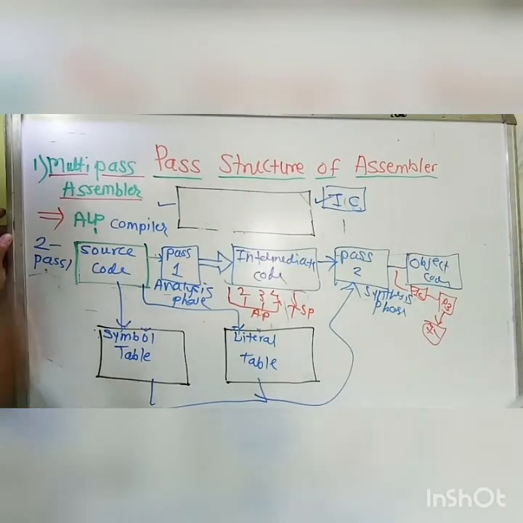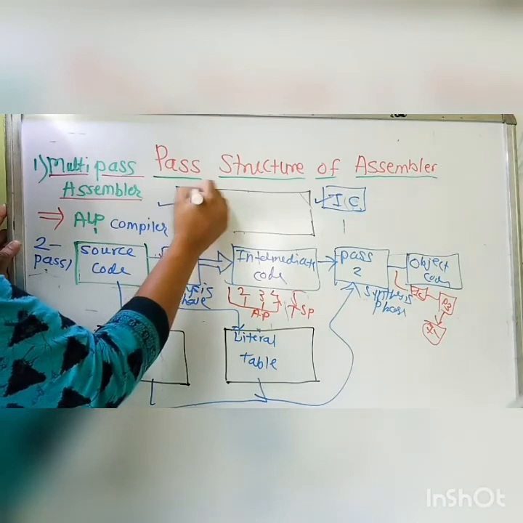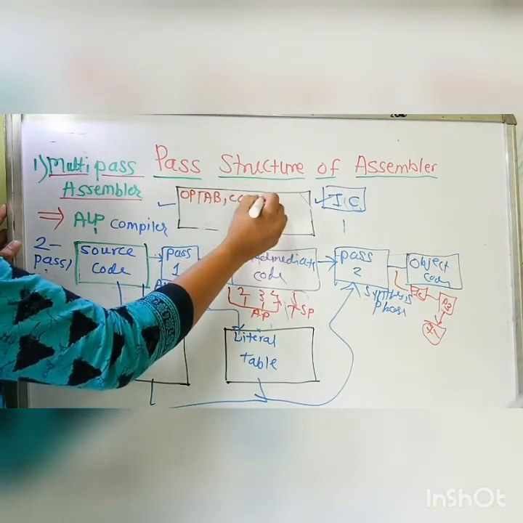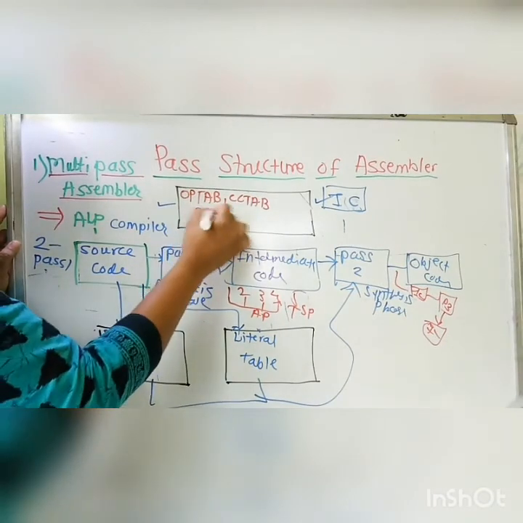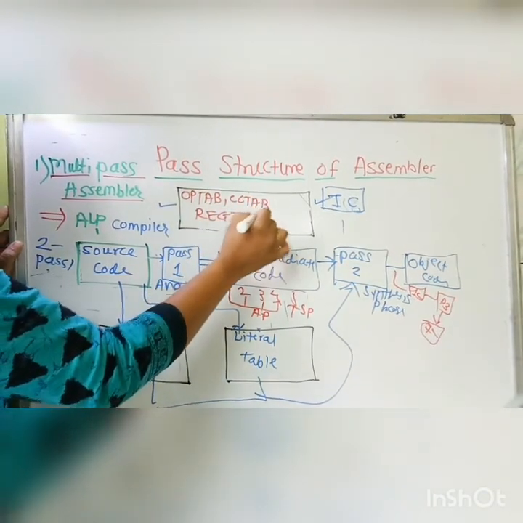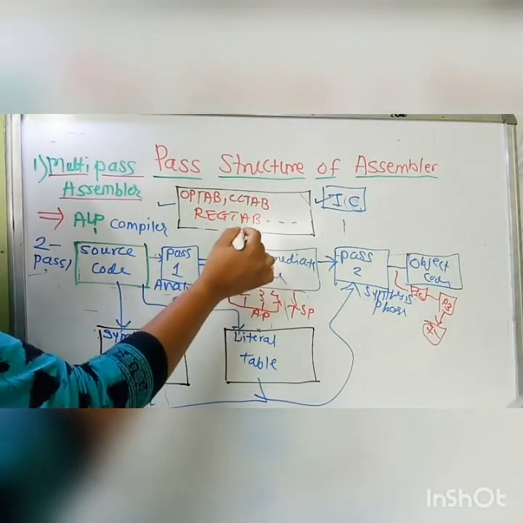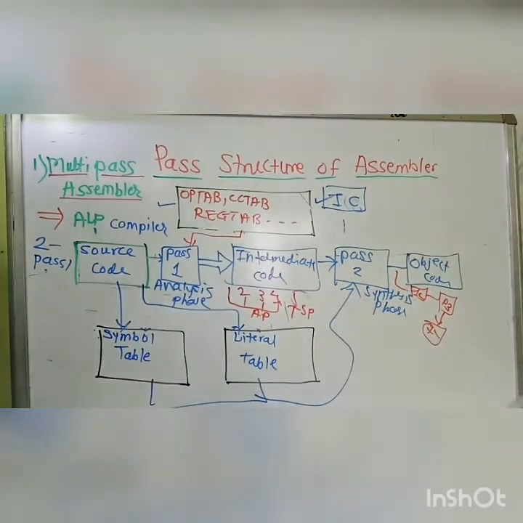Which are these tables? The operation table, the constant counter table, the register table and so on. Such tables are used by these passes.